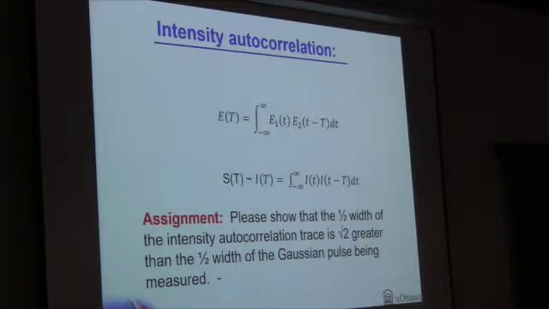This is an easy problem to work out. I just do it because I want you to think about what is actually measured in this case. It isn't directly the pulse width, it turns out. So there are advantages and disadvantages, but qualitatively it's so easy to think about and to see this picture. Right? So this is a way of measuring the duration of a pulse, and it's used everywhere.